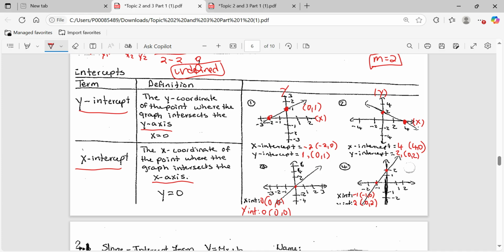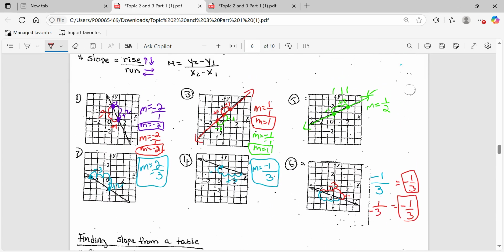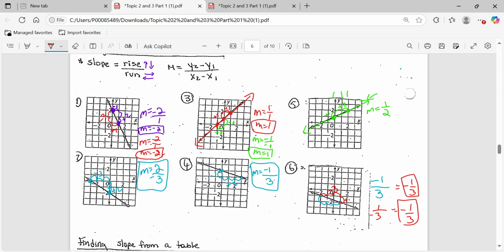Now we are about done. I want to just come up here a little bit and talk about domain and range, and then we'll be done. So when I look here for number 1, because these tend to be all the same, there's an arrow on the edge of the line for both of them. So that means your domain, all your x values, will be all real numbers.